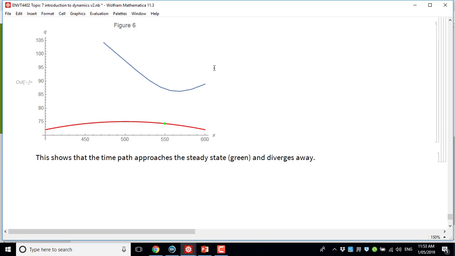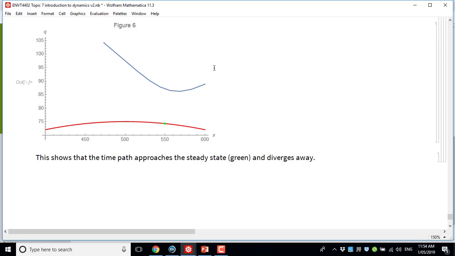So you're starting here and you're going through lots of solutions over 20 periods. What you'll tend to see is that the solution heads towards a steady state and then diverges away from it, depending on what the final condition is.